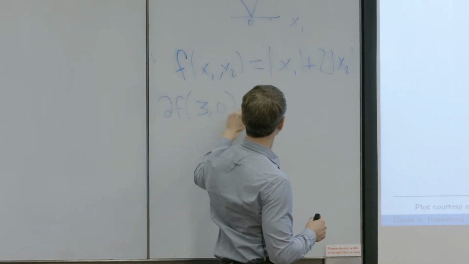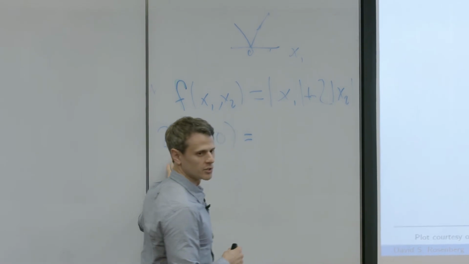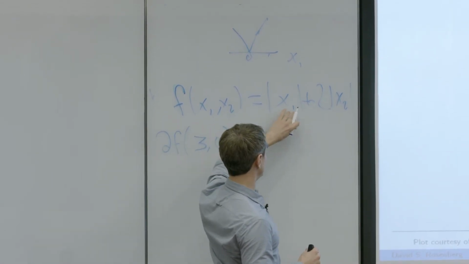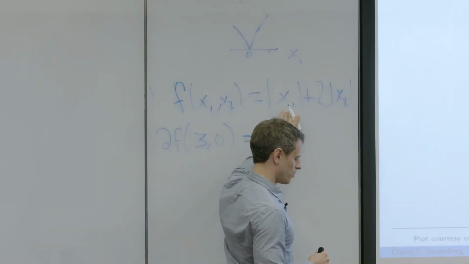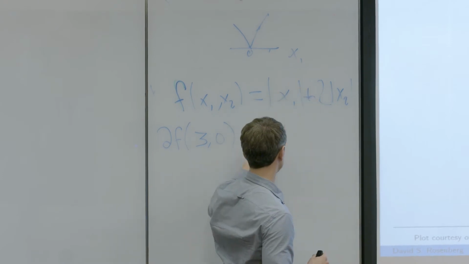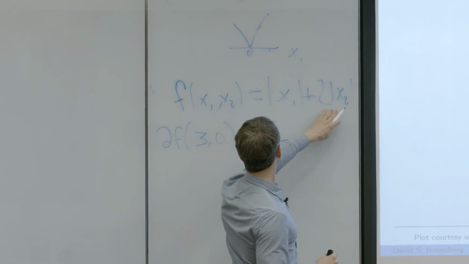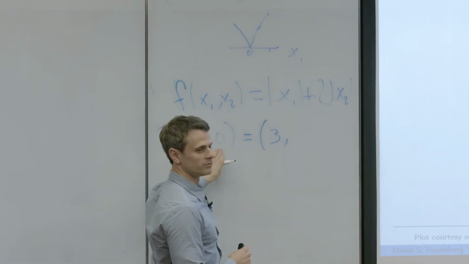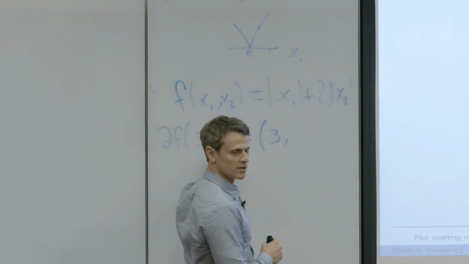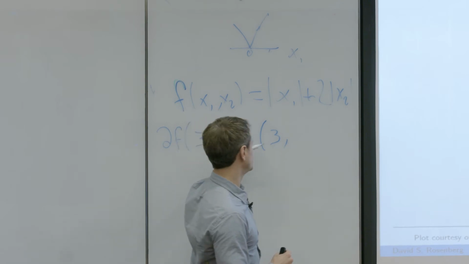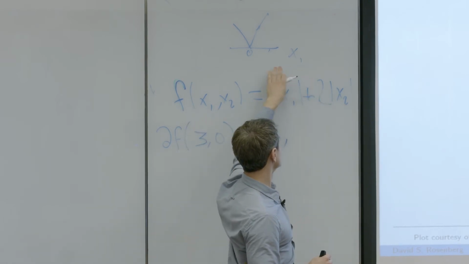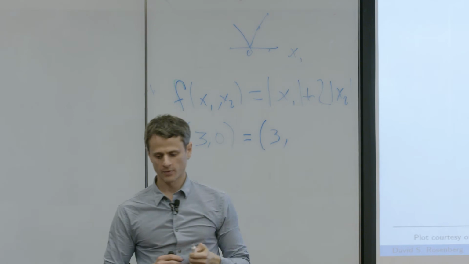So the first component of the subgradient is always going to be 1, because it's differentiable with respect to x1 at x1 equals 3. But then this other piece, now we're going to have trouble, because we're looking at x2 equal to 0, and that's a non-differentiable point of the absolute value.